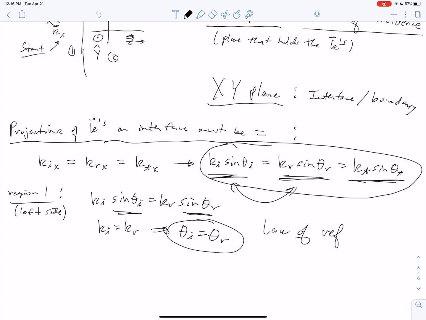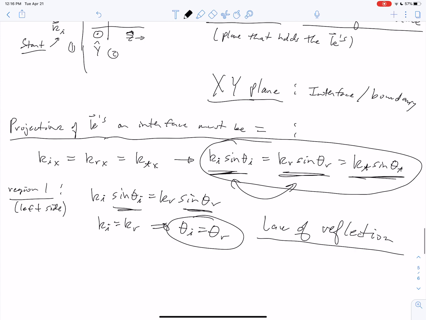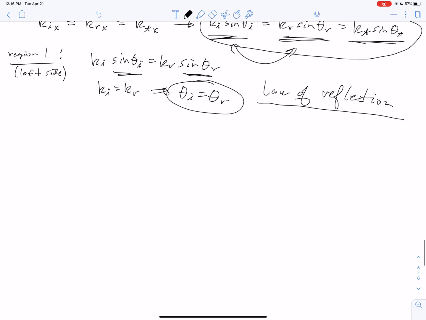I'm sure you already know this law. Of course, we all know it from experience: the incident angle is equal to the reflected angle measured from the normal. This is a very profound law of nature for waves, and it comes from the phase matching condition. So we just derived the law of reflection.